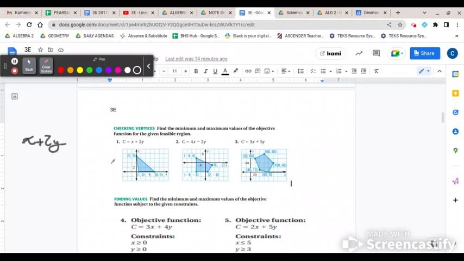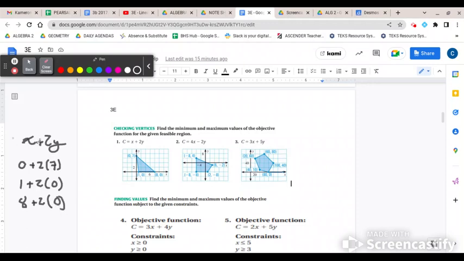We already have the corner points, so we have 0, 7. We can go 0 plus 2 times 7. We have 1, 0, so 1 plus 2 times 0. And then we have 8, 0, which is 8 plus 2 times 0.